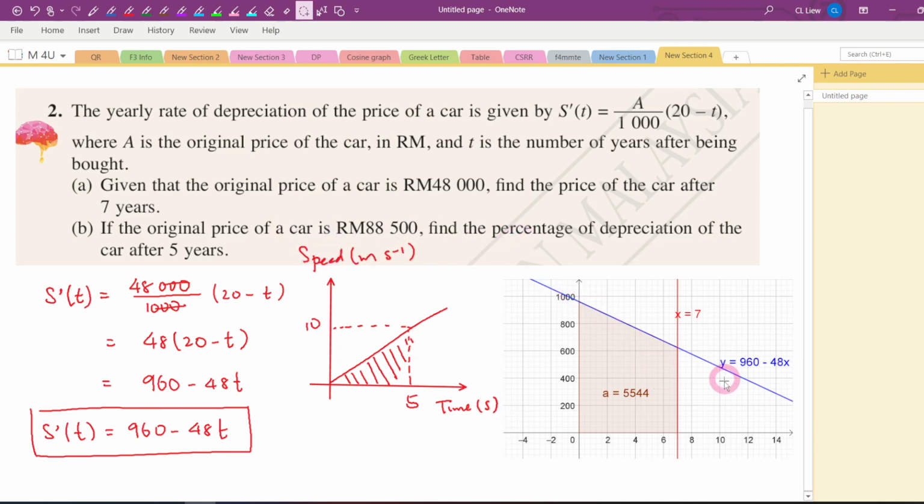So this is a graph, 960 minus 48t. So if I want you to find the total amount reduced, we find the area under the graph, right? So how do we find the area under the graph? If you draw this graph, we just use integration. Let me show you how to do it.